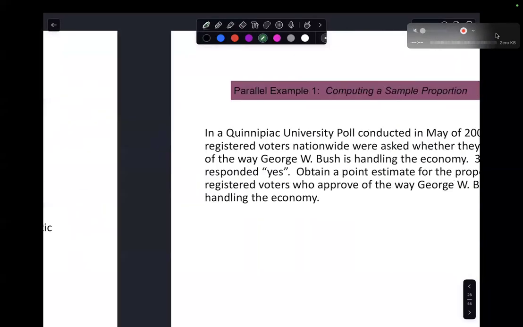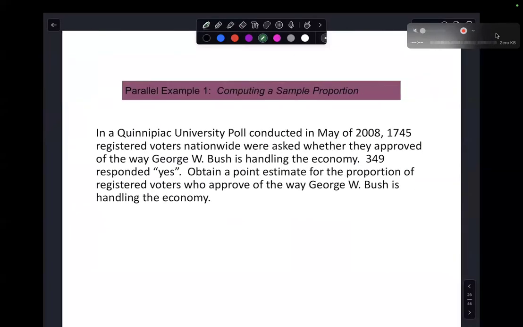All right. Move on. The Quinnipiac poll conducted in 2008 asked registered voters nationwide whether they approved of the way George Bush was handling the economy. 349 responded yes. We're going to get a point estimate of the proportion of registered voters who approved of the way he was handling the economy. So our p hat is our successes over our sample size.